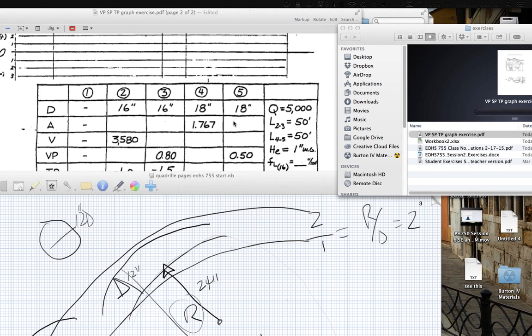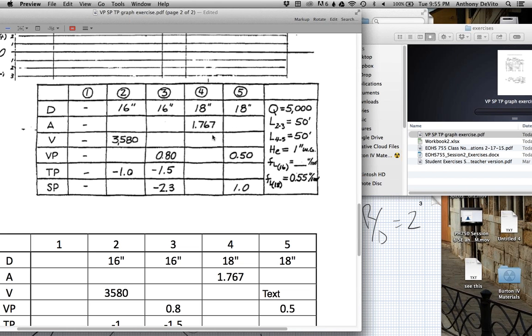The 1.6, remember that these values, Fanta, are the ones that we were given. This raw data here is what we were given. The 1.767 is the cross-sectional area of 18-inch ductwork. In fact, we could have figured that out.